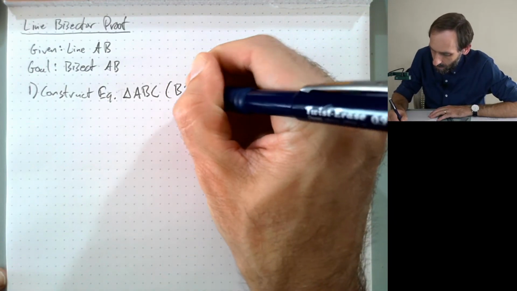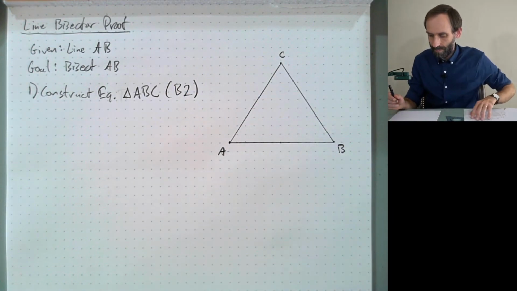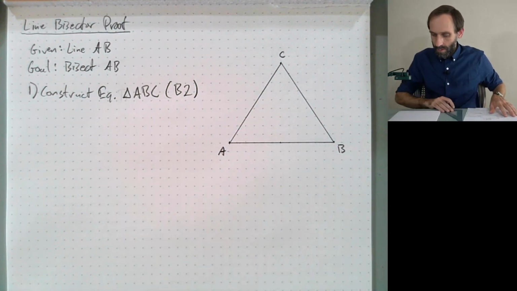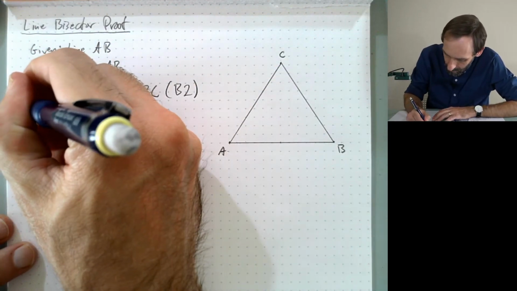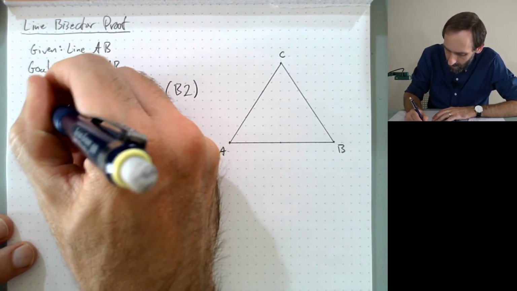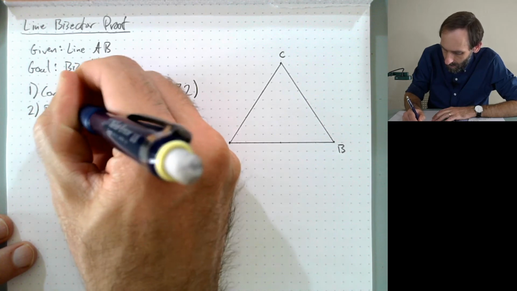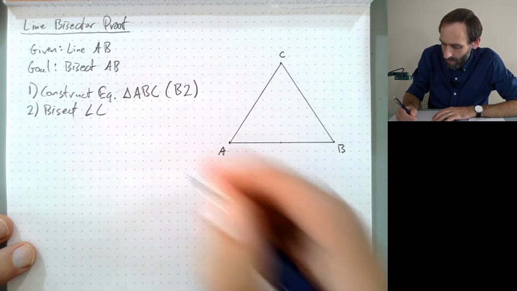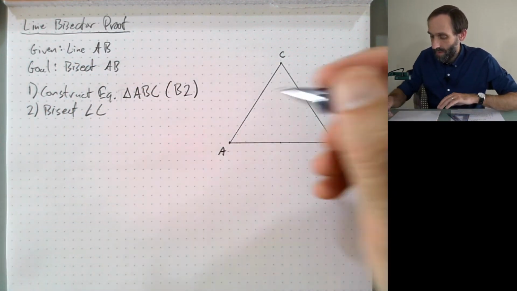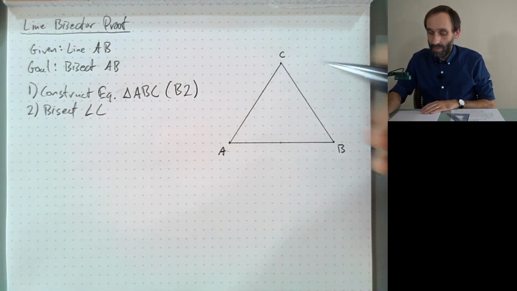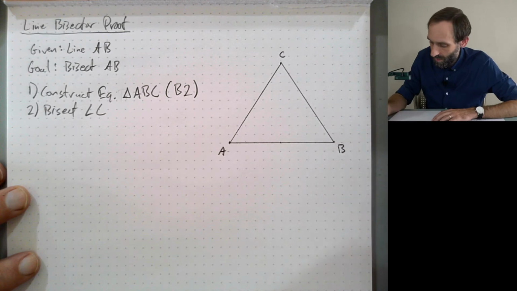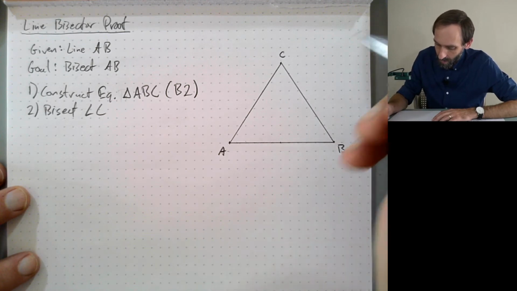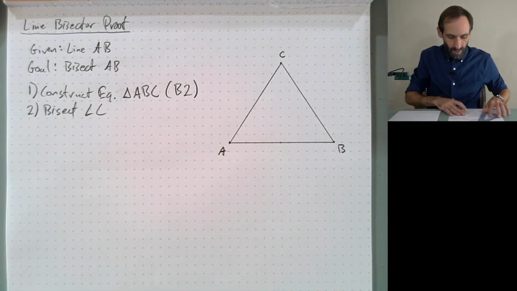Okay, now let's bisect the angle at C. Bisect angle C. I could say bisect angle ACB, but there's no other angle at C, so there's no ambiguity in saying just bisect the angle at C. And what is my justification there?